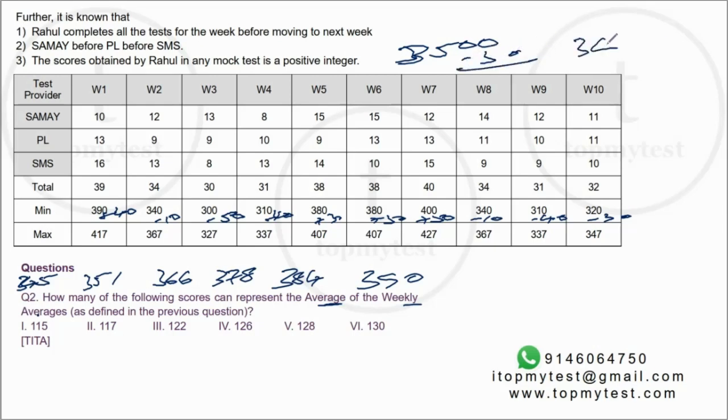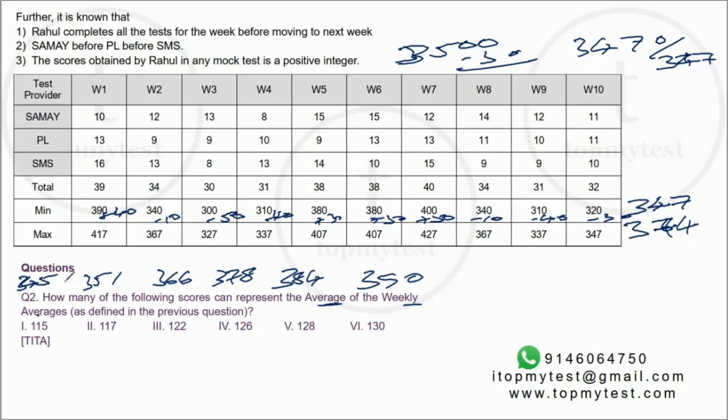So 3470 is the total across 10 tests. Divided by 10 will be 347. So on the lower side, your overall score will be 347. On the higher side, it will be 347 plus 27, 374.